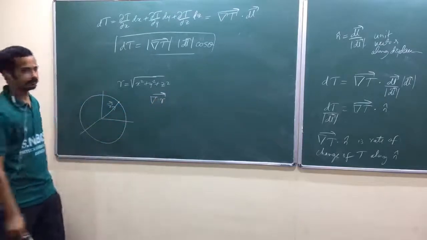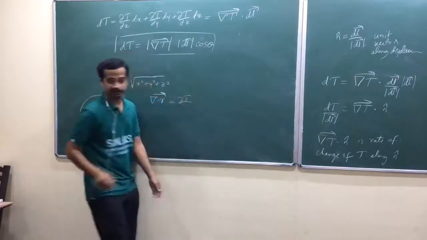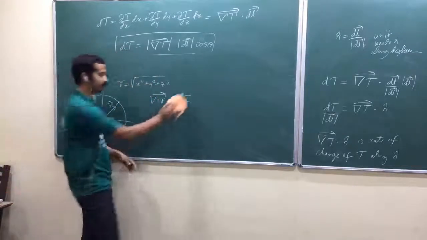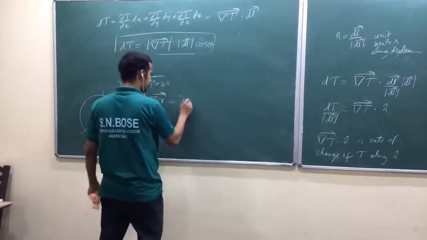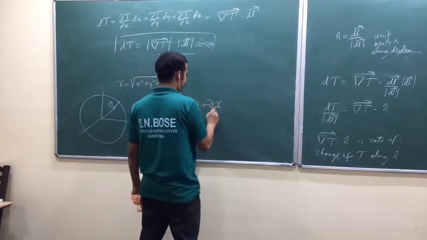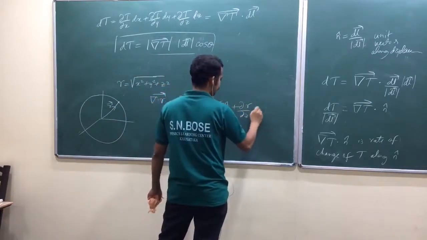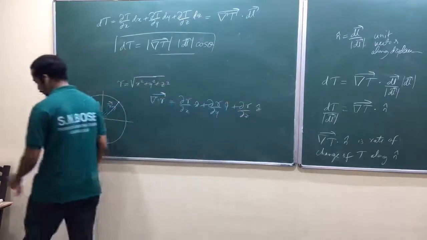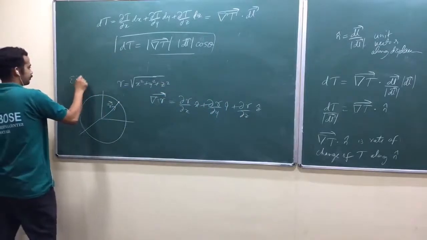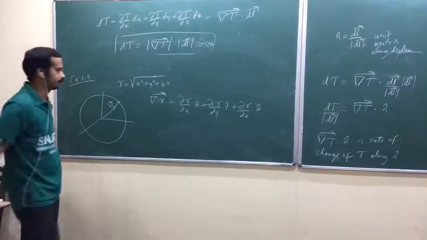Find that one. What is this one? Gradient of r is dou r by dou x into x cap plus dou r by dou y into y cap plus dou r by dou z into z cap. That's example number 1.3.